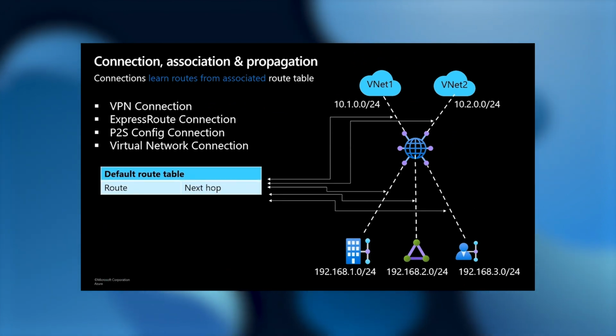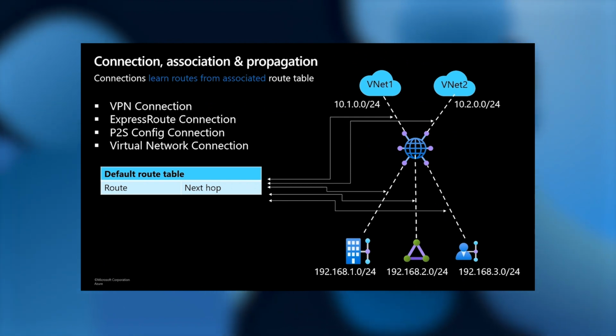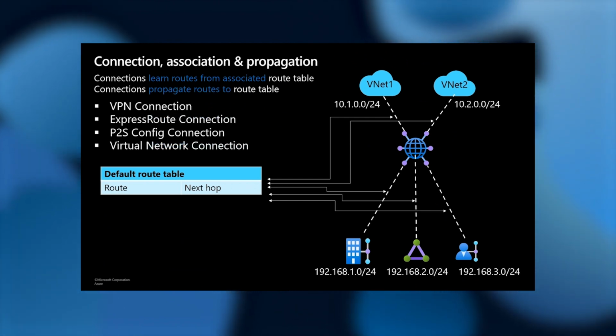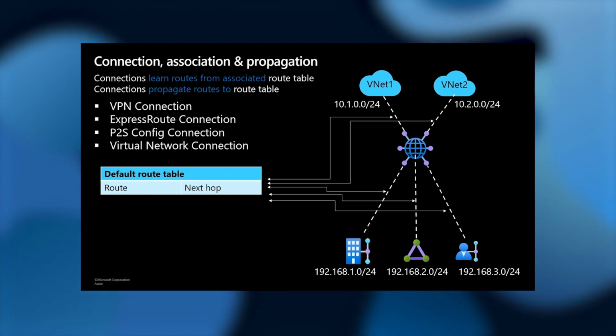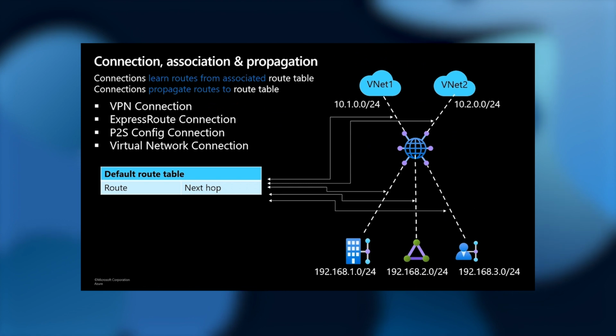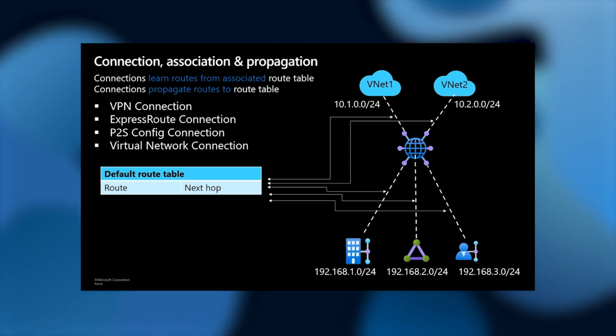Similarly, let's say all the VNets and all these branches are associated to a default route table. And once they're associated to a default route table, they need to be able to access something. This is where these connections propagate routes to a route table. So let's say VNet 1 is propagating its route to the default route table. This is how the default route table learns about the routes dynamically.